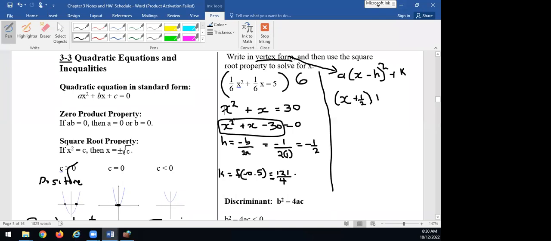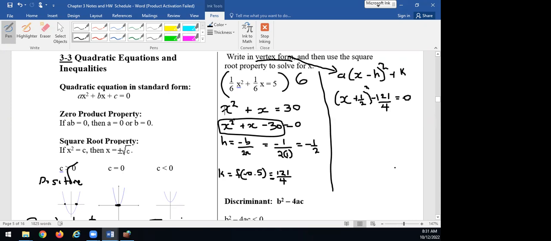Right, so this was -121/4. So that's going to be all squared minus 121/4, or minus 30.25 if you're using decimal. All right, so that's how you have it in vertex form, and set this equal to 0 because it's an equation. Right, so that's your answer in vertex form.